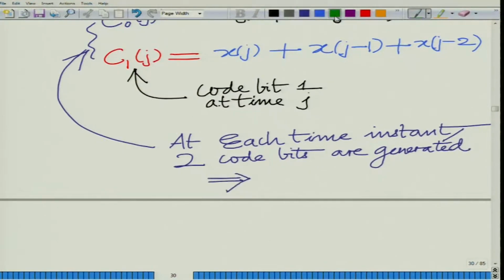Now obviously I am getting at the rate. Remember, the rate is the number of information bits divided by the number of code bits. This is equal to half, because for every information bit you are generating two code bits. So this simple code has rate equal to half. This is a rate half code. So the redundancy is half. Remember, we said as the redundancy increases, the rate decreases.